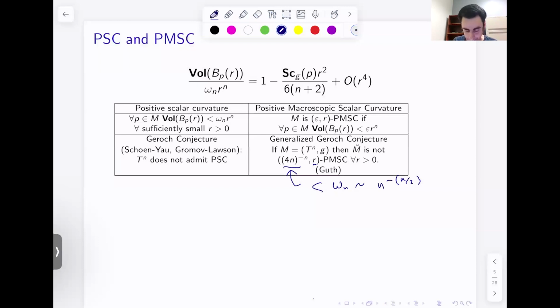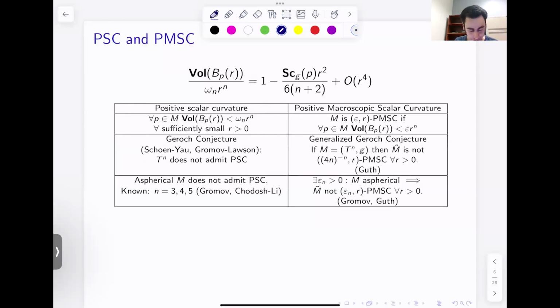And there is another result of similar nature, where we have a somewhat stronger result in the macroscopic world, but a somewhat limited result in lower dimensions for usual positive scalar curvature.